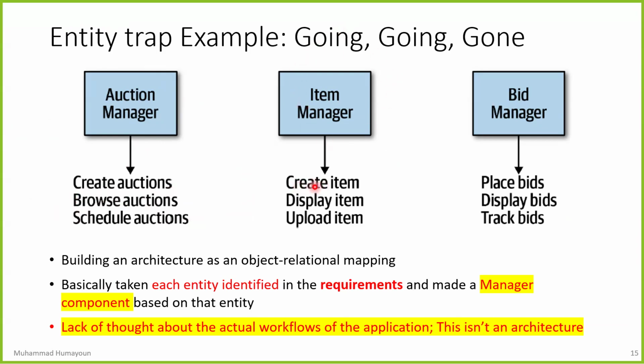An item manager, so that you can create, display and upload items. A bid manager, so that you can place bids, display bids, track bids. It looks good, but it is not an architecture. It doesn't have the actual workflows of the system. It has just the managers, how the system manages things. That is an example of the entity trap.